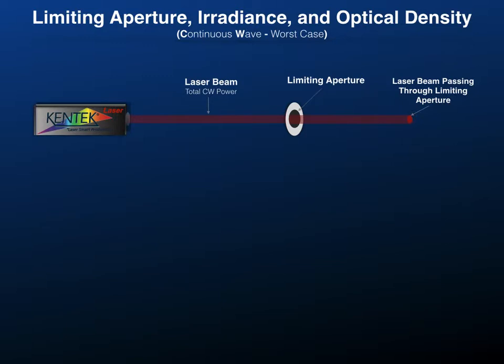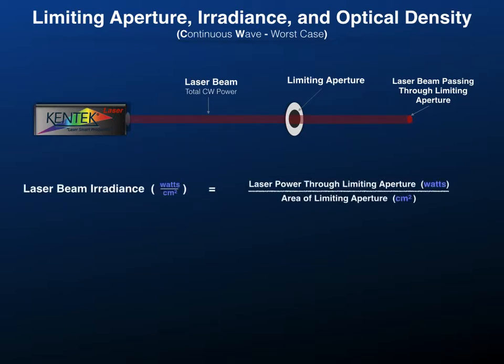We take the power through the limiting aperture and average that power over the limiting aperture. In this case, which is the worst case, the assumption is that all the power from the laser passes through the limiting aperture.